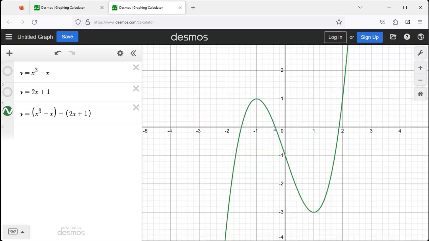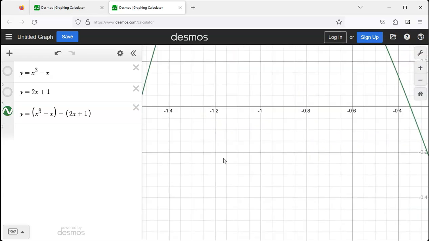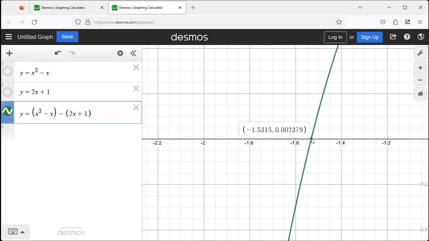And then even with a handheld calculator, you can do something pretty good, as a matter of fact, if you zoom in sufficiently.